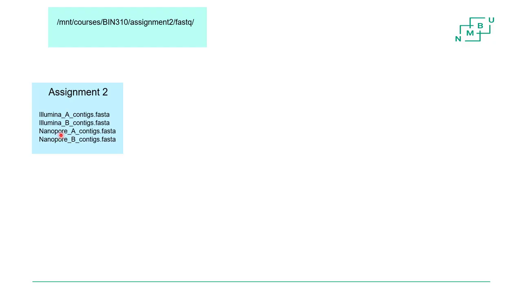This one with metaFlye. And notice I'm only talking about the Illumina contigs that you got from the raw data, not the fastp ones, because you actually had 6 files in assignment 2. But forget about those fastp pre-processed data now. We only consider the raw Illumina data and the raw nanopore data. So that's why it's only 4 contigs files here that I show.